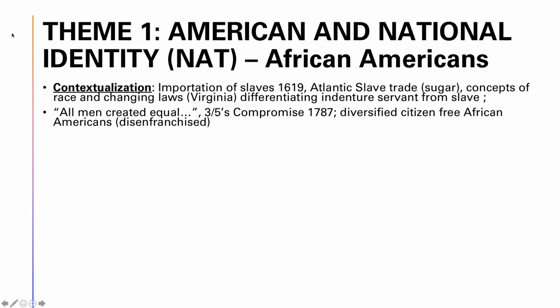So we get this, all men are created equal, right? The Declaration of Independence. Well, this is our identity as Americans, and how we start to think of ourselves, differentiating ourselves from British identity. However, there is a hypocrisy here. There are millions of slaves in bondage. The man who wrote that, Thomas Jefferson, is a slave owner.